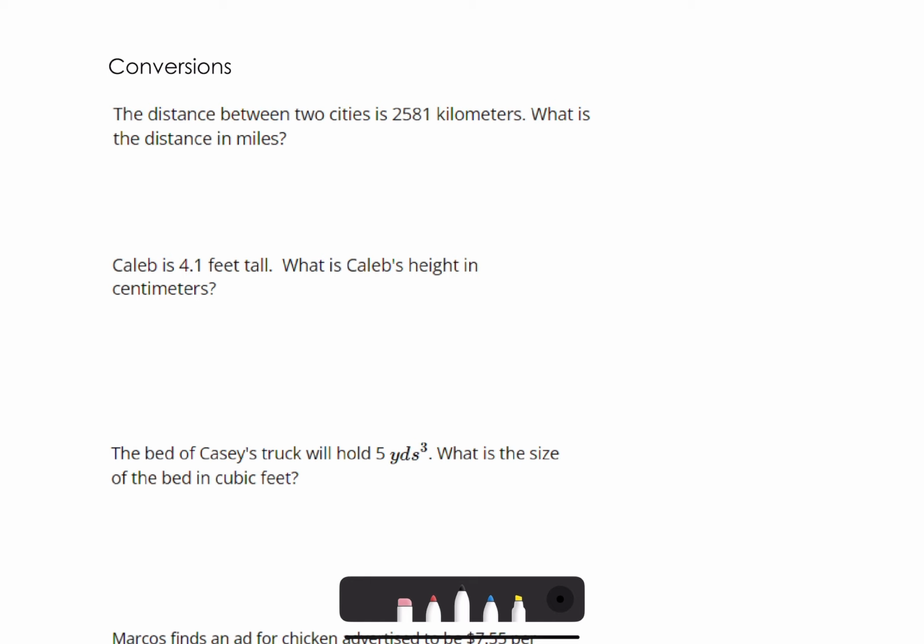So the first one says the distance between 2 cities is 2,581 kilometers, and we want to convert to miles. So we want to use the unit conversion that's miles to kilometers, and that is on your formula sheet.